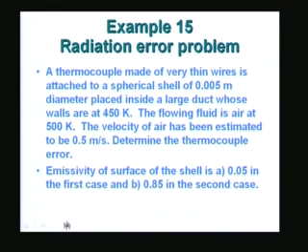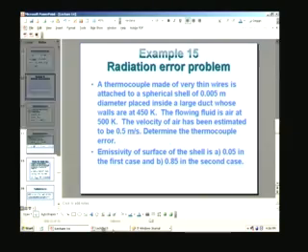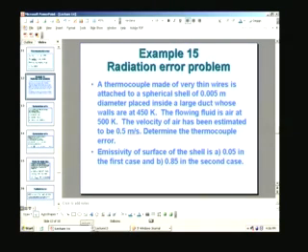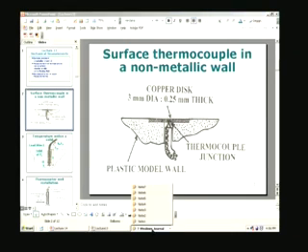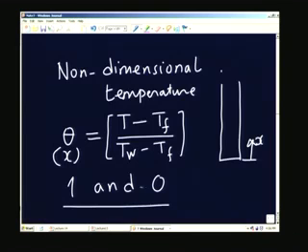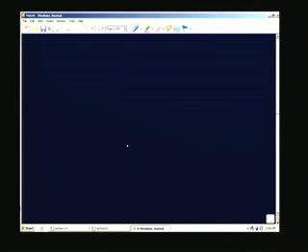So, the next example I am going to take is going to be slightly different, and I am going to look at the error due to radiation. So, the problem occurs like this. We have already indicated this earlier in lecture number 13, though not in too much detail.